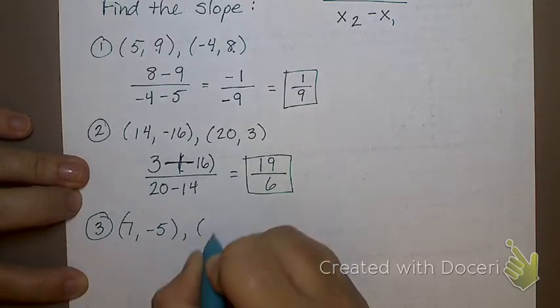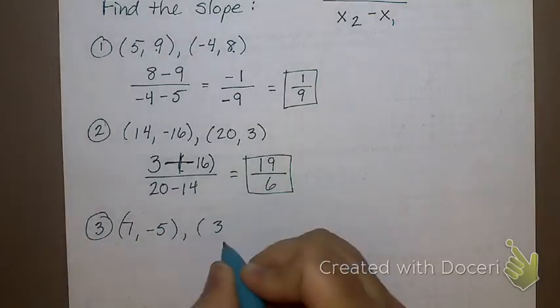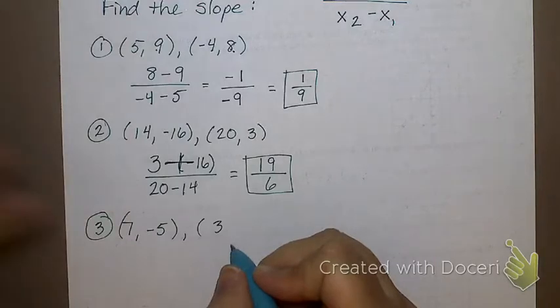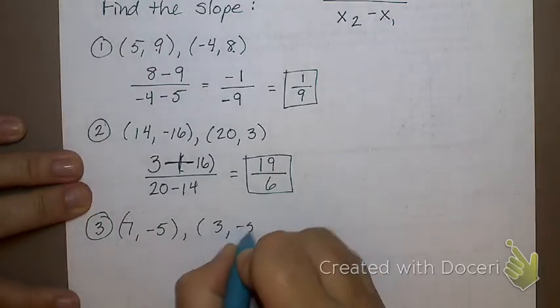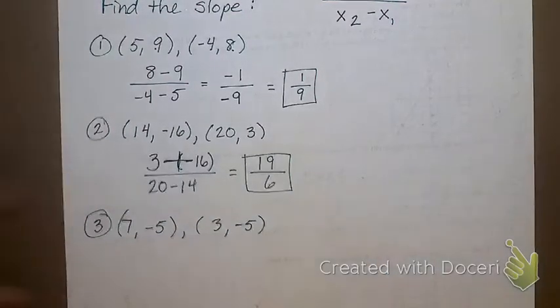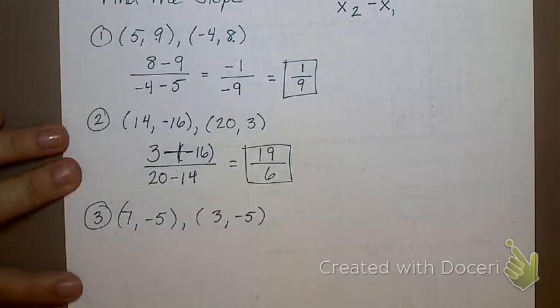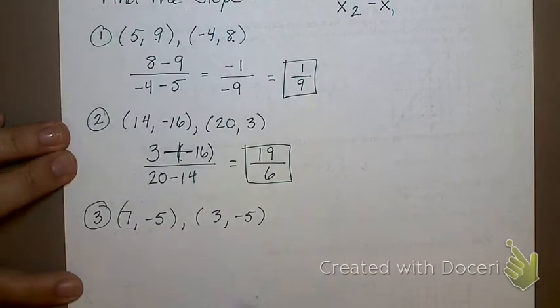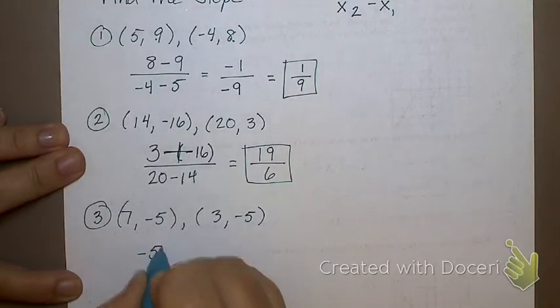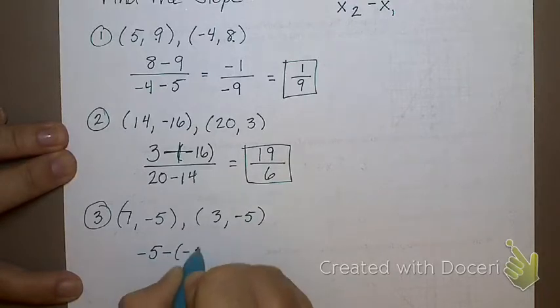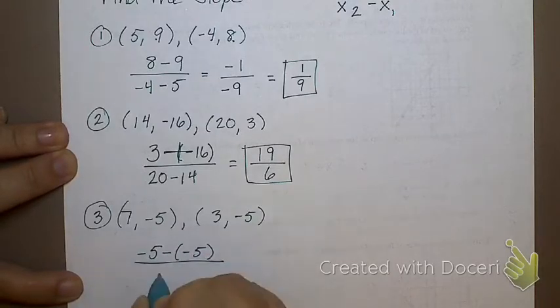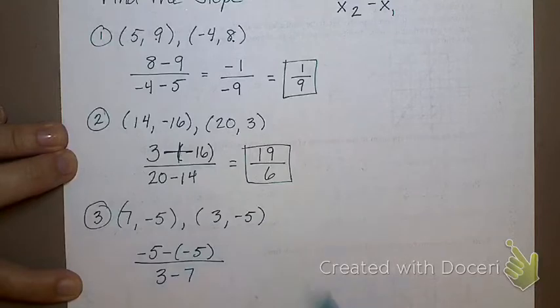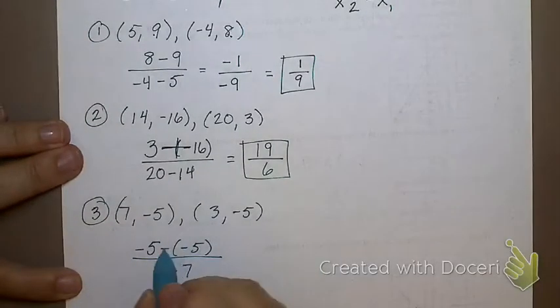7, -5, and 3, -5. On top I have what? -5 minus -5 over 3 minus 7. Well, this is going to turn into a plus.